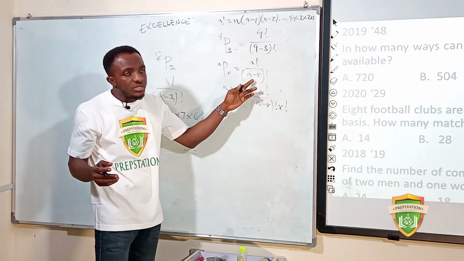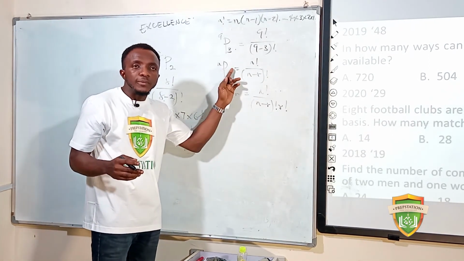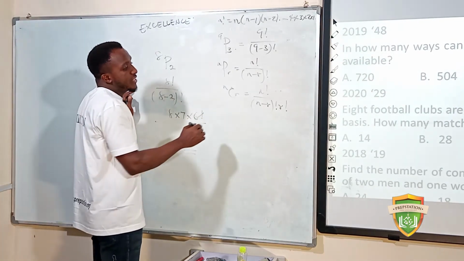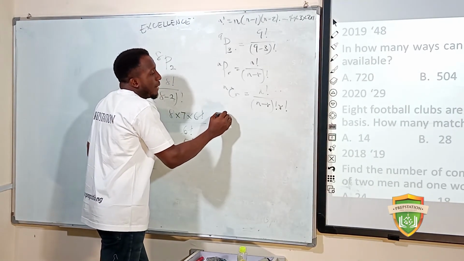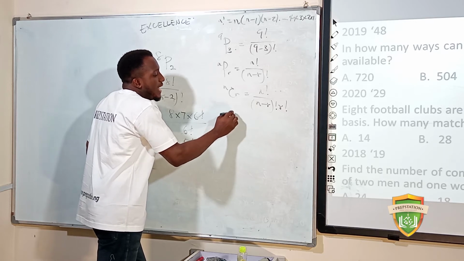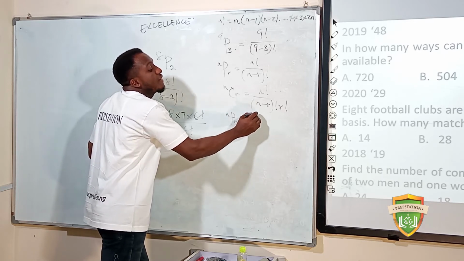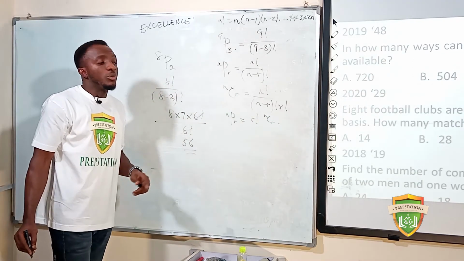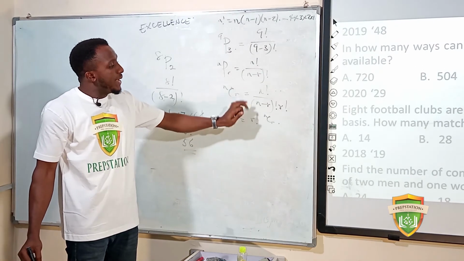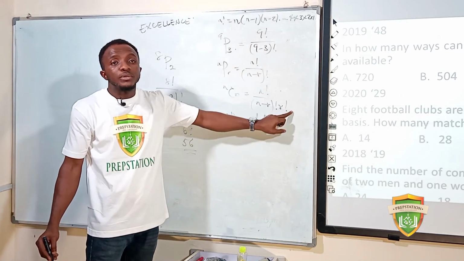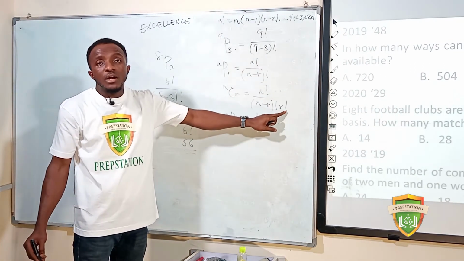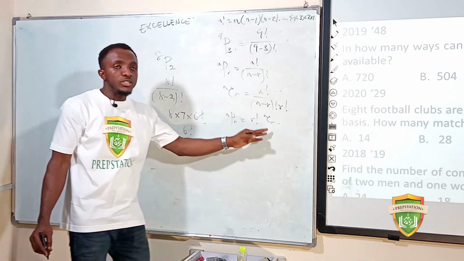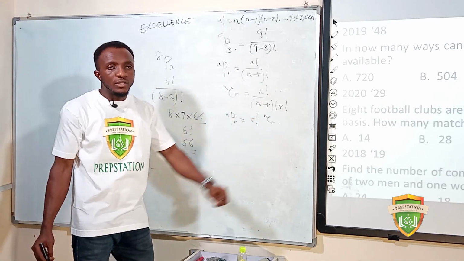Mathematically, you see that there is a relationship between permutation and combination. Very simply, n permutation r is r factorial times n combination r. You know what it means? If I multiply combination by r factorial, it will cancel r factorial. You see, we are back to permutation. So there's a relationship between permutation and combination.